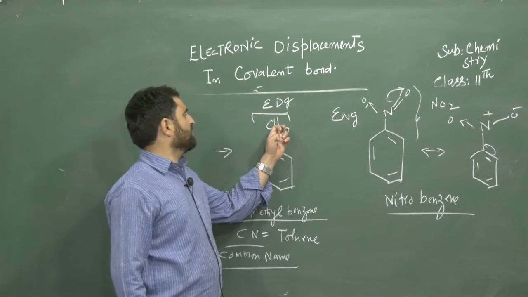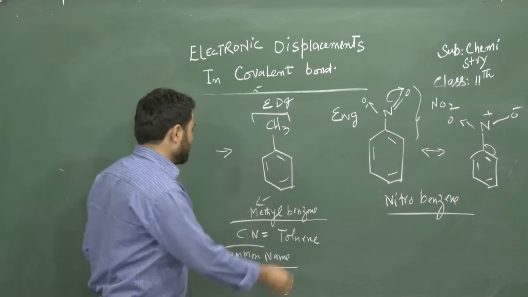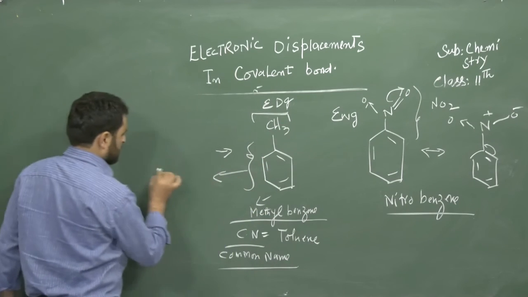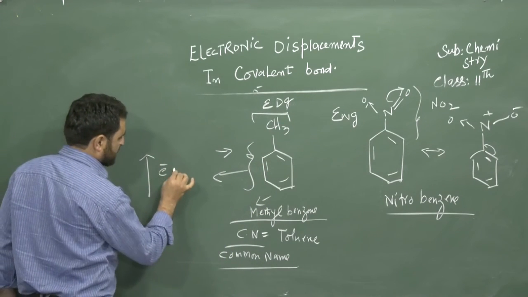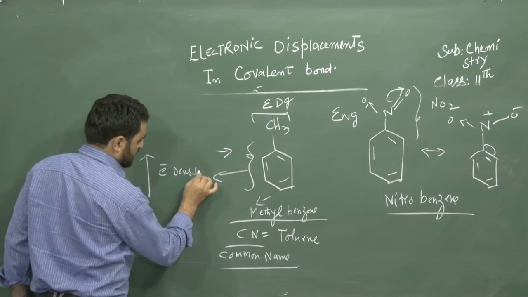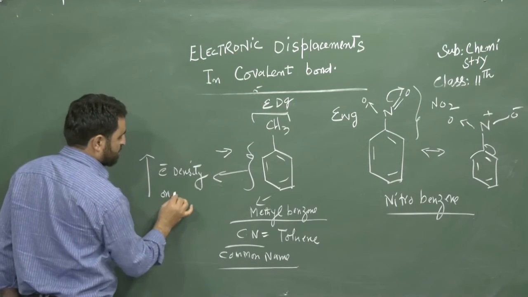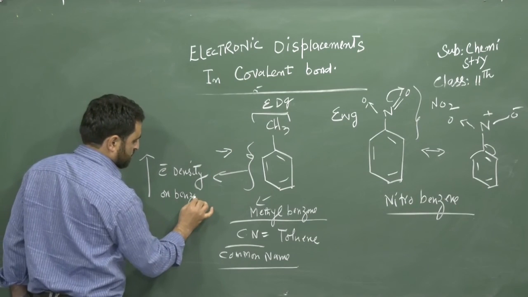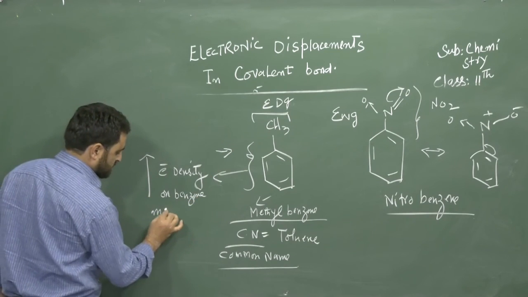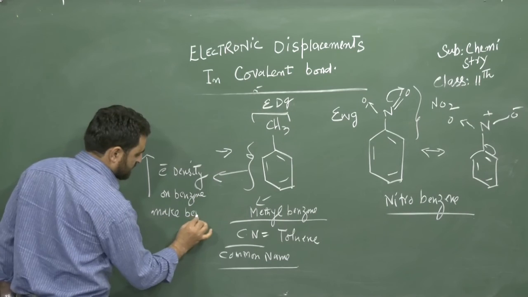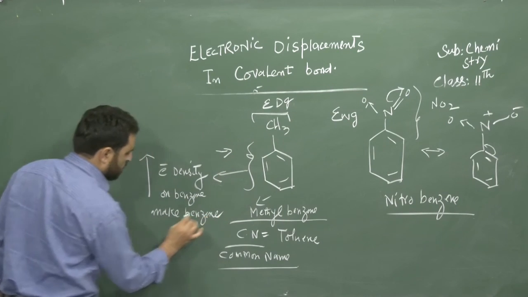But this methyl is electron donating, it will increase electron density on benzene. It makes benzene more activated.